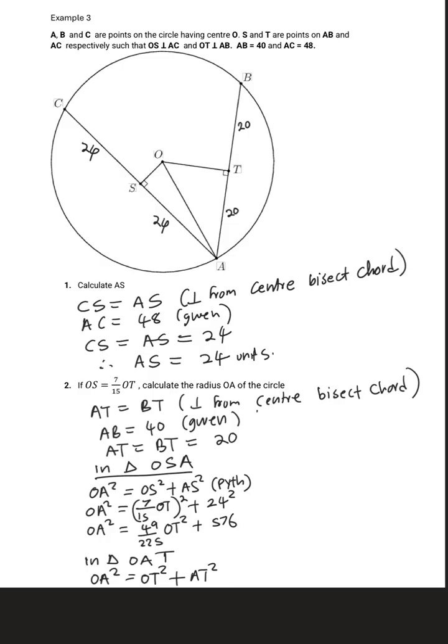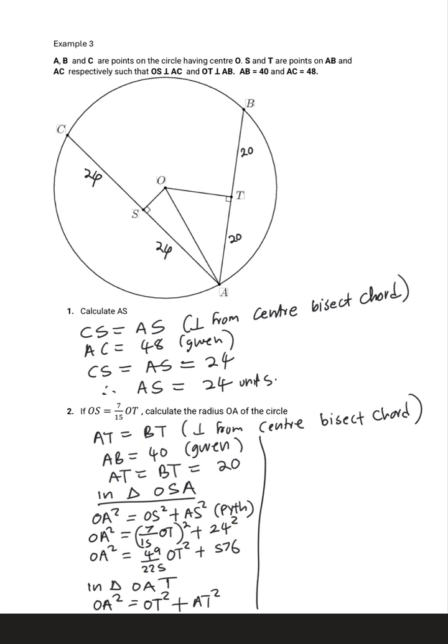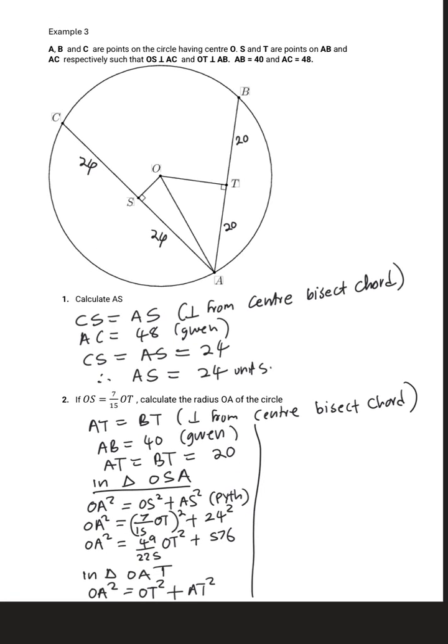And then we can take this further, and then we say OA squared, we don't know it, and then OT squared we also don't know, but we know AT is 20, so we'll have 20 squared, so OA squared is equal to OT squared plus 400, right? And then the goal is to calculate OA, right?